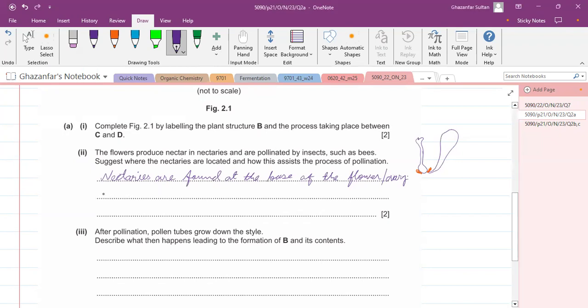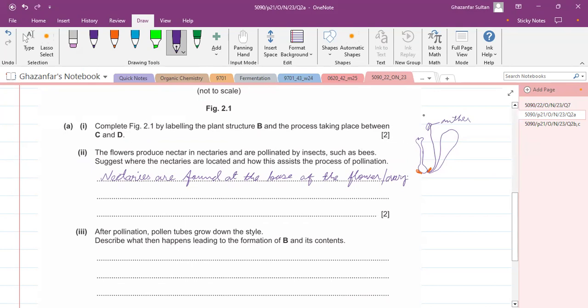So how does it assist? Now I'm adding something in the diagram. Usually stamens are like this and anthers are there. These are anthers where pollen grains are produced.